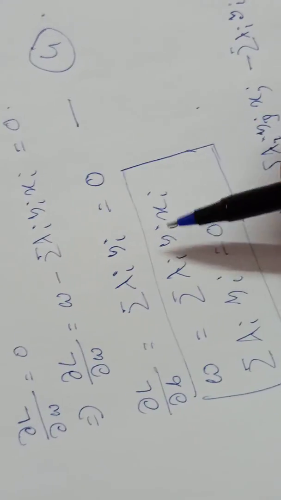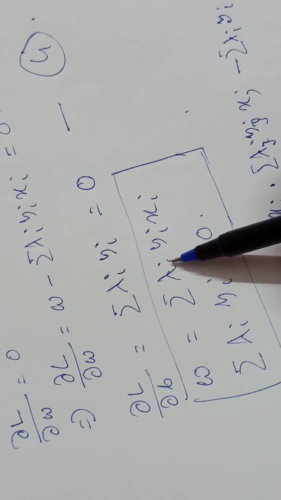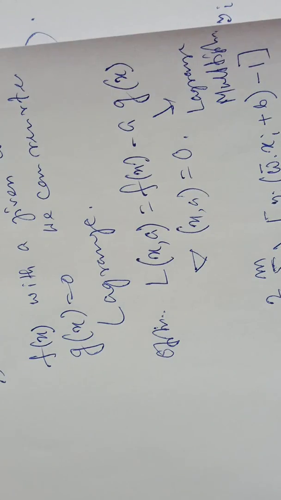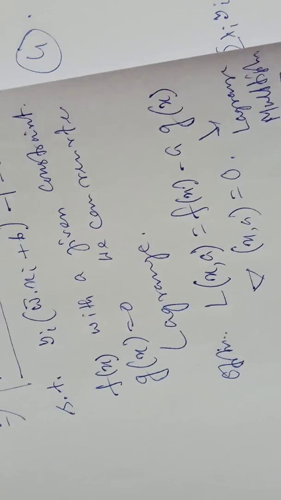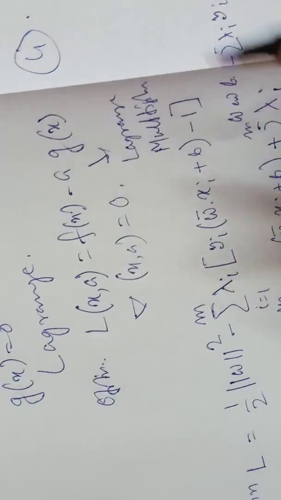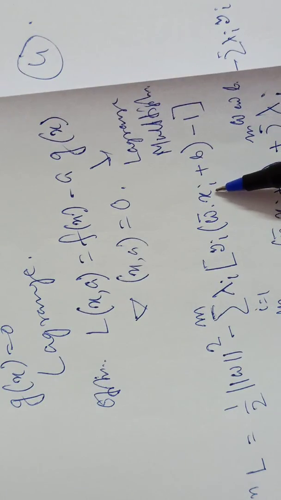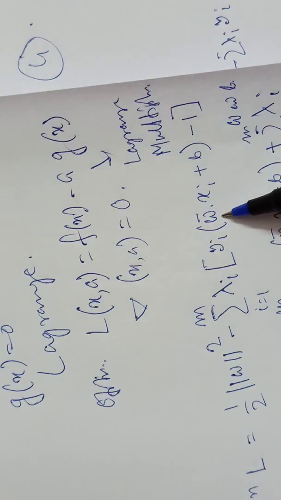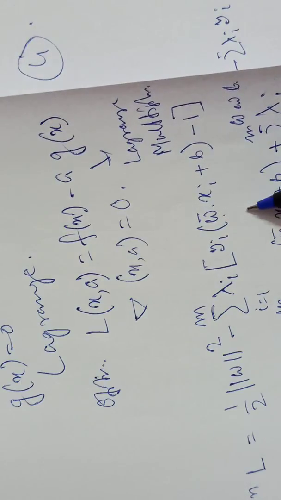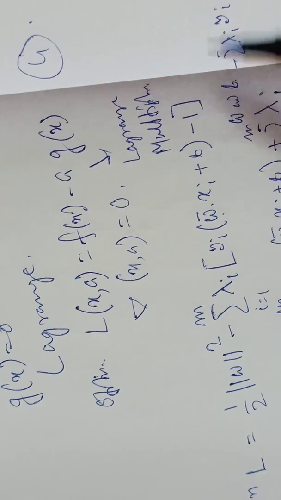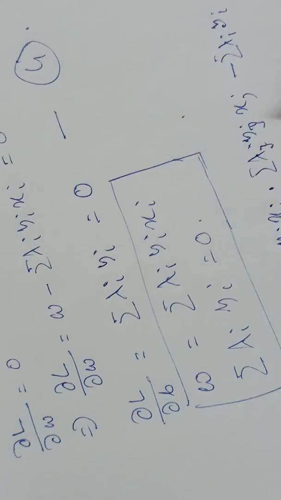See here, this w we are replacing with lambda j yj xj. Why? Because we already have here lambda i yi and xi. Therefore here w will be replaced by lambda j yj and xj. Okay, so we can write like this.